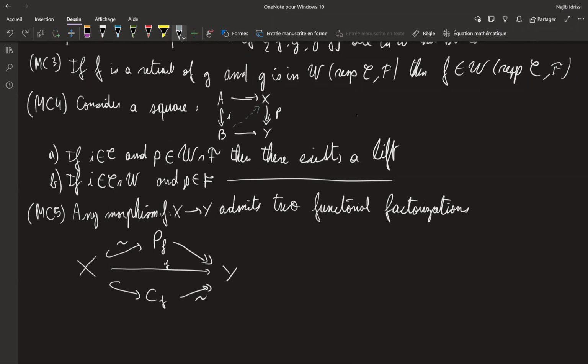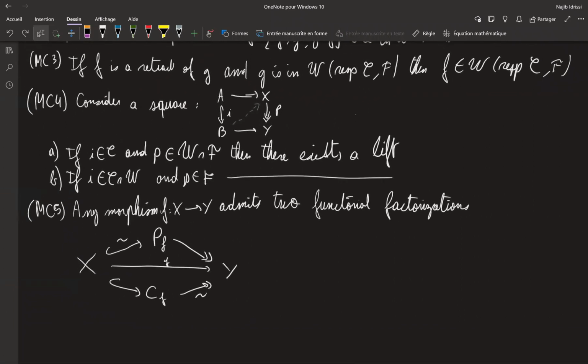And it's possible to prove that all the following statements in my notes are still true. It's simpler. And to my knowledge, there are not really interesting examples of model categories where you don't have functorial factorization. So nowadays, people always ask for factorizations to be functorial.